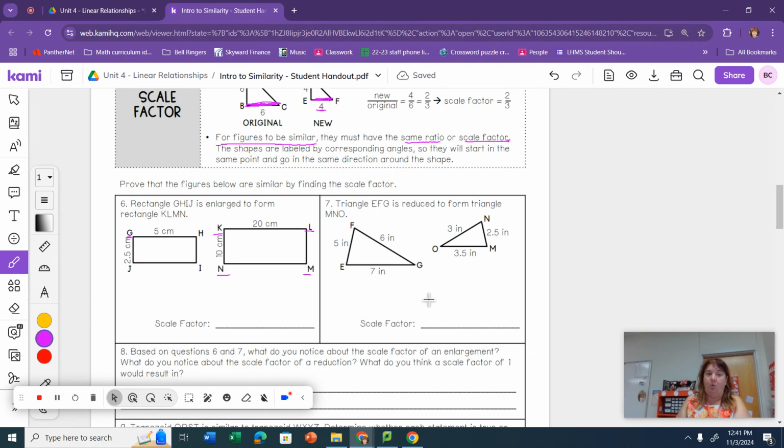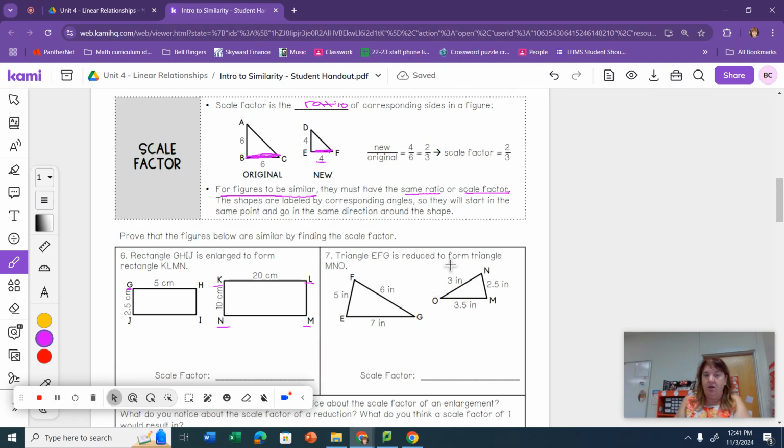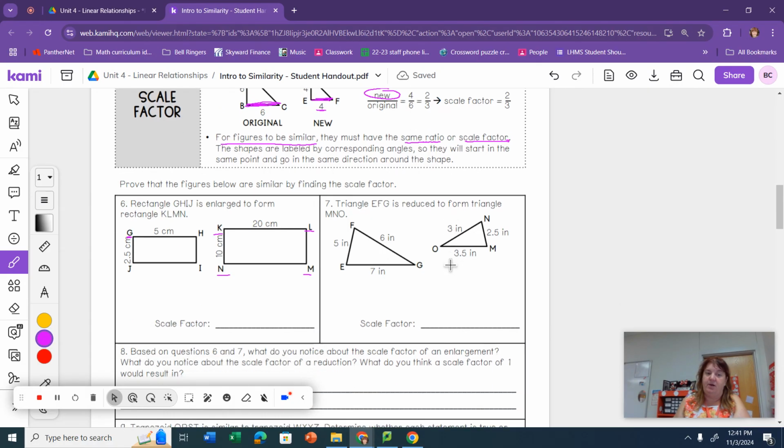So we want to put, as you see up here, we want to put the new on top of the original. Okay. So what's our new? This was 5. What's our new? 20. So the new on top of the original. So our scale factor is 4. Okay. Now that should still be the same ratio around.